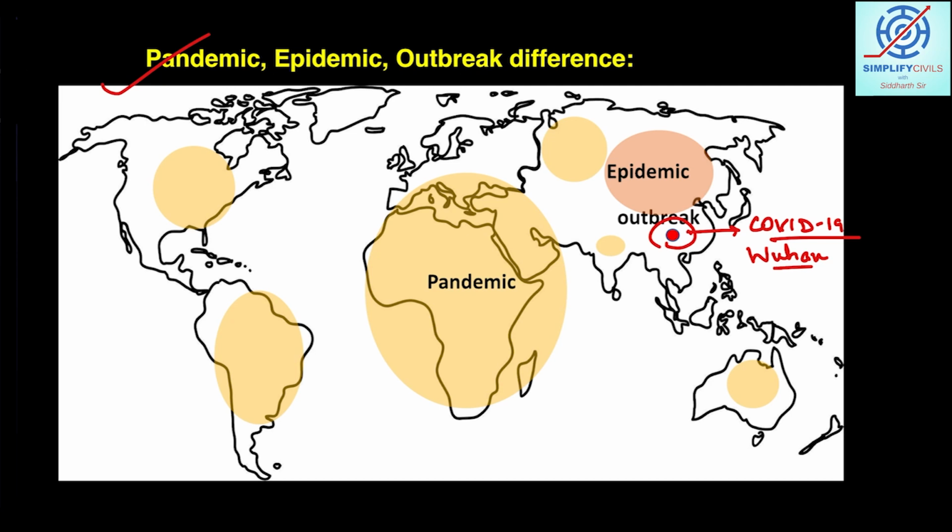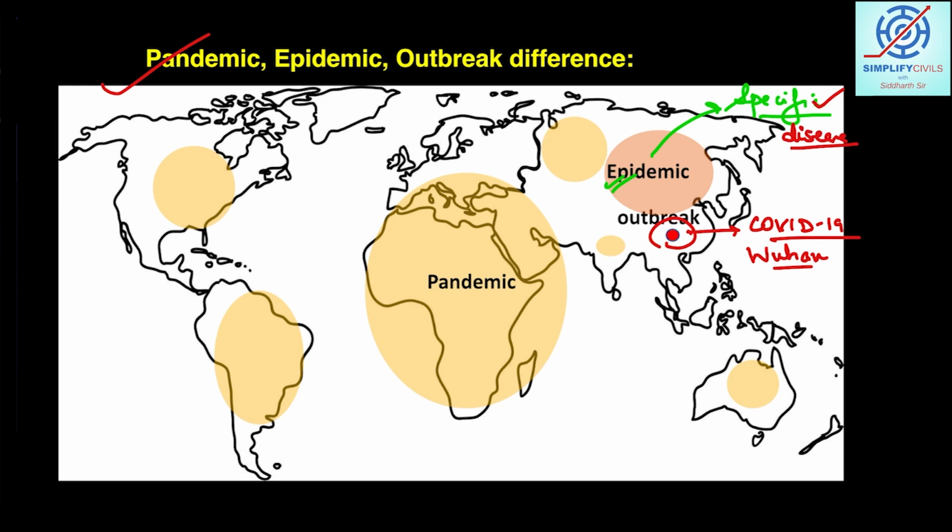An epidemic is a localized region, definitely larger than an outbreak. It is a specific region where the disease is occurring again and again, prevalent in that local region only.